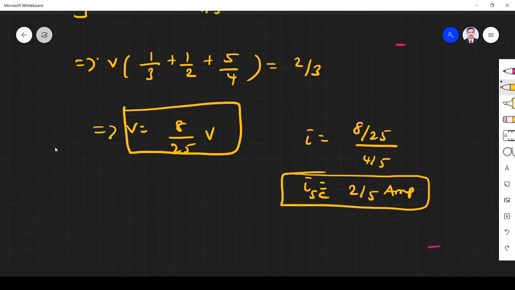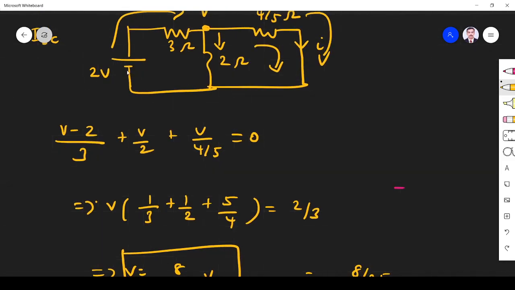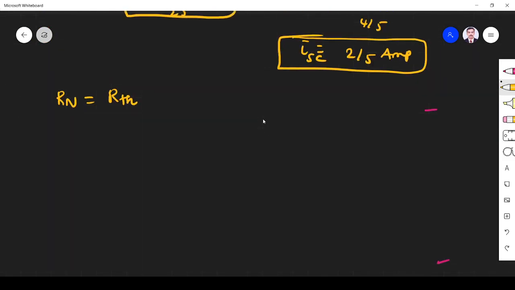Next, R Norton I have to find. R Norton is nothing but R Thevenin, that we know how to find. Short the voltage source, discard the load. So I short this voltage source.